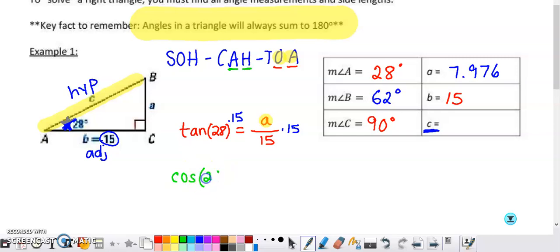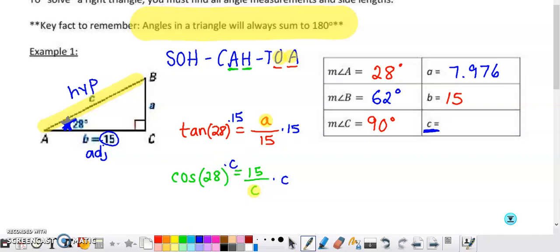So you could say the cosine of 28 equals adjacent 15 over hypotenuse, or letter C, because that's what we're trying to solve for. And then solve this like you would an Algebra 1 equation. Well, if you notice where the variable is, this one's actually going to take us 2 steps to solve, because we have to split up the fraction, first by multiplying by C on both sides.